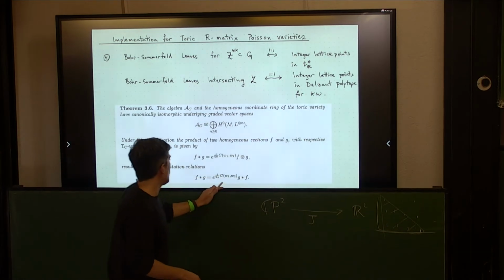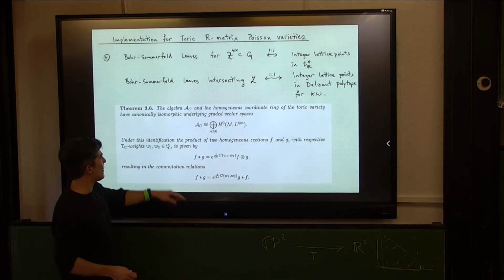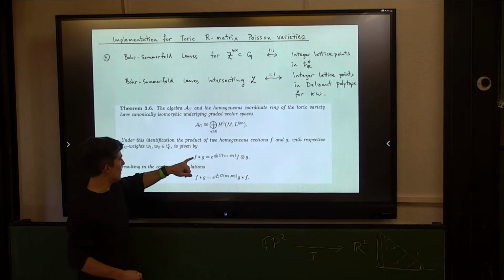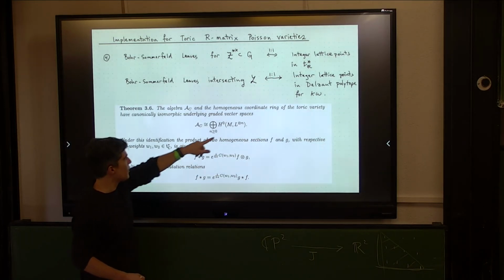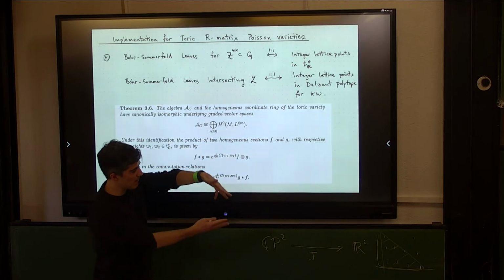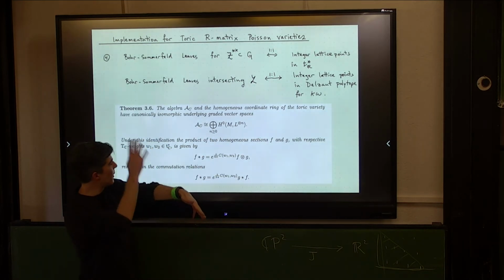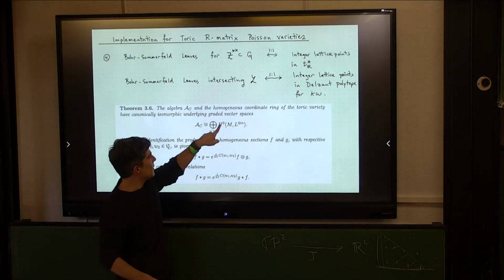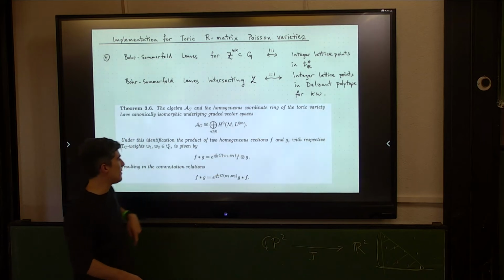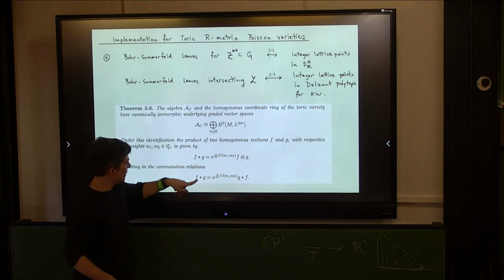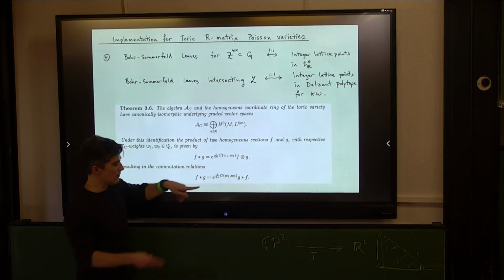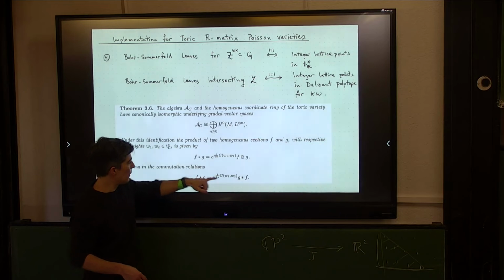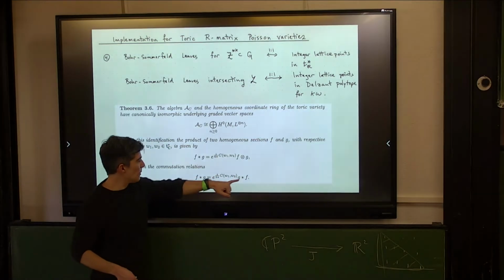And then we verified that when you take the product of sections, so the Bohr-Sommerfeld leaves, when you take flat sections along them, it coincides with this vector space. And when you take the product that is induced by this in the algebra, we get this commutation relation.